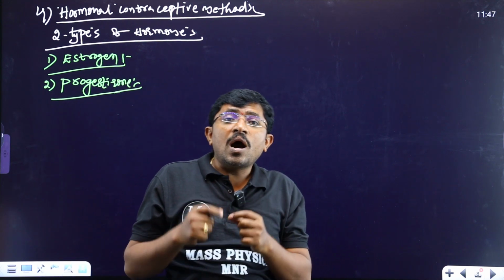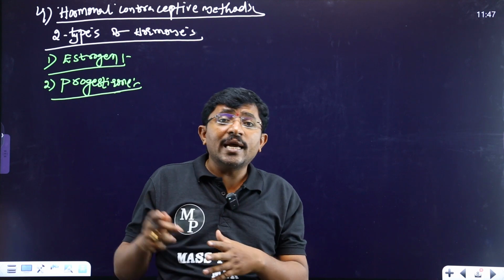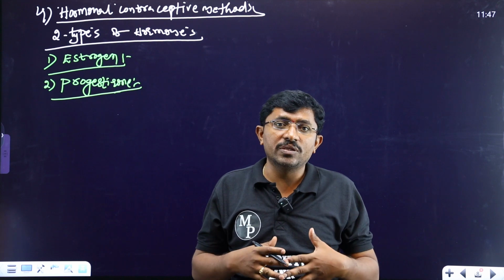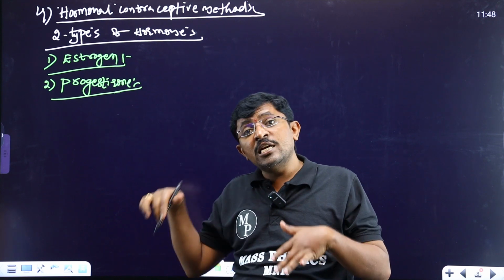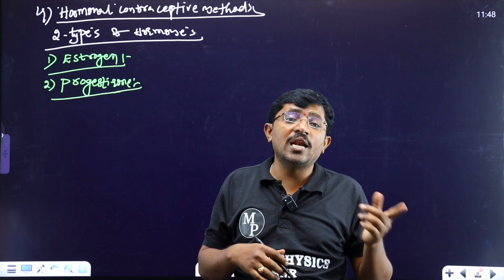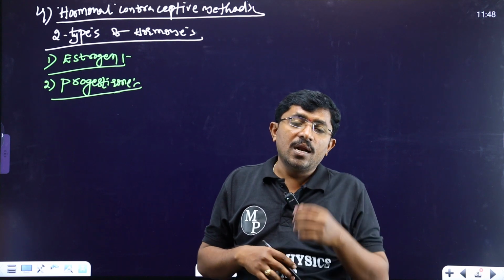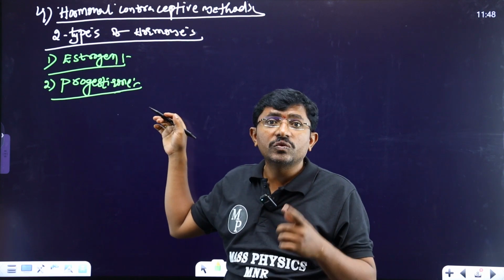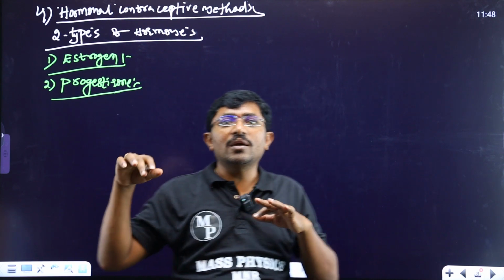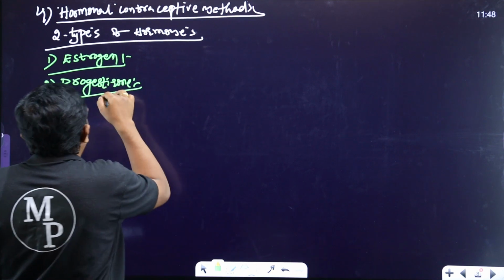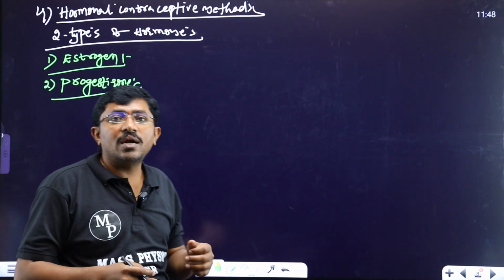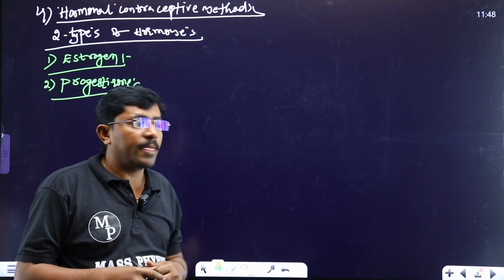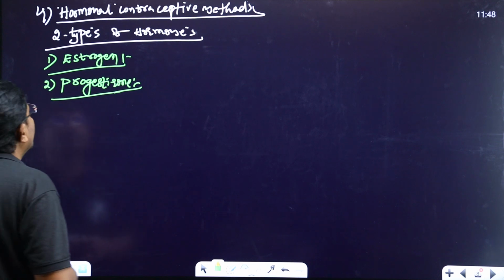But if for a long time the estrogen and progesterone hormones are present in a woman's blood, they inhibit the production of LH and FSH hormones. If the LH and FSH hormones are not released into the woman's blood, what happens? Ultimately the pregnancy will not continue. There is no conception in that woman. Understood? These are the important points.